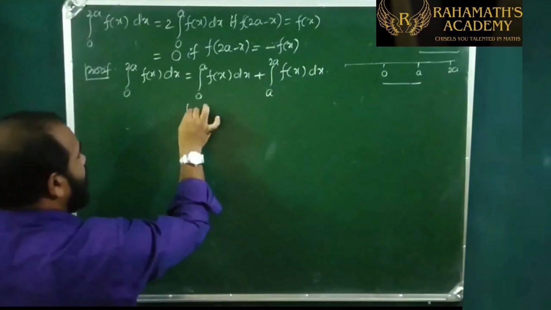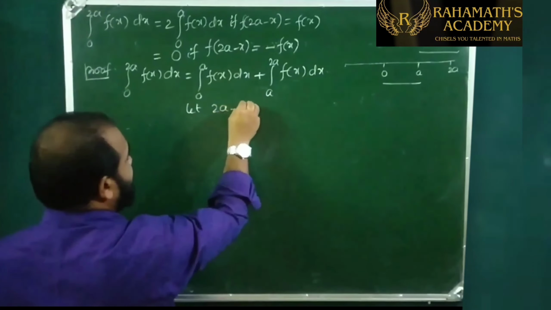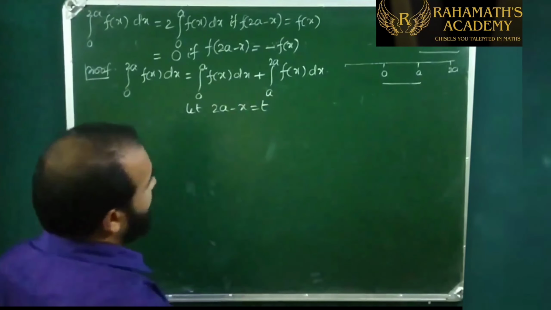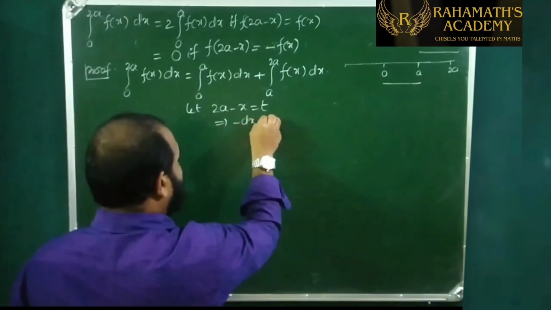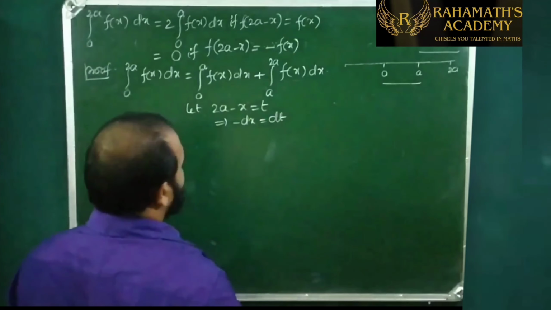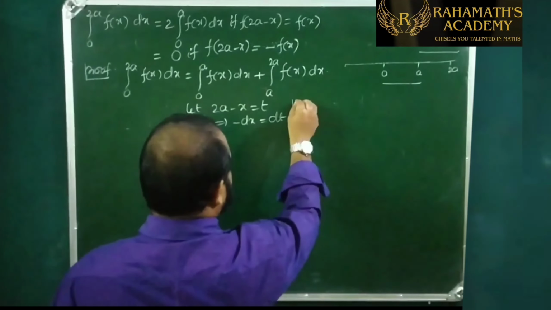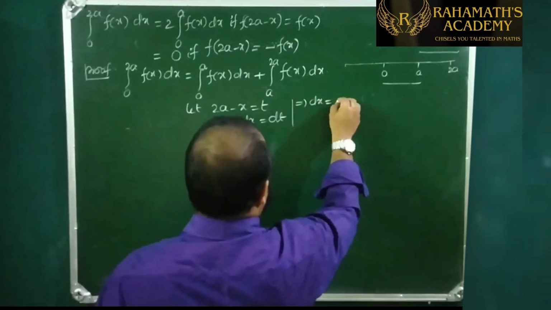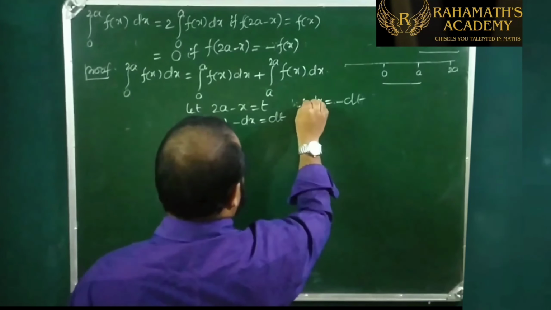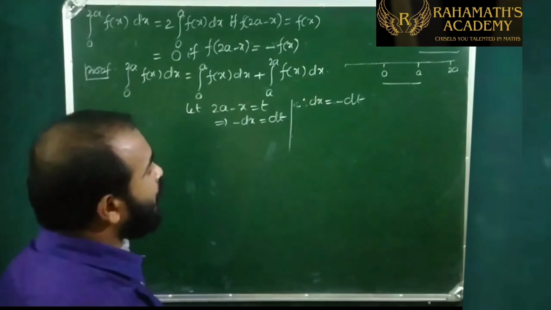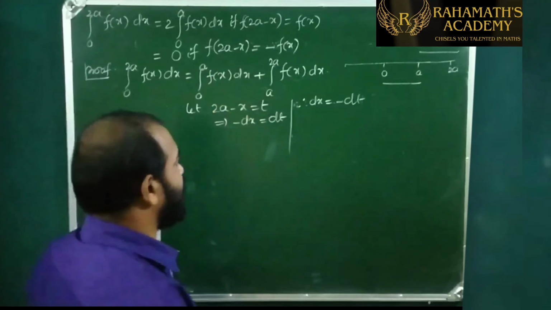So let 2a minus x is equal to t, I am replacing with. So that means minus dx is equal to dt. Therefore, dx is equal to minus dt. Okay? And so we need to change the limits also.